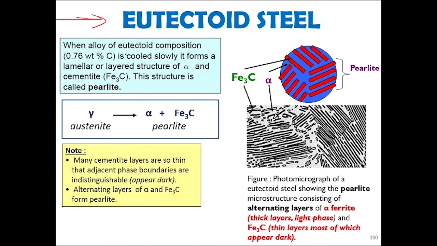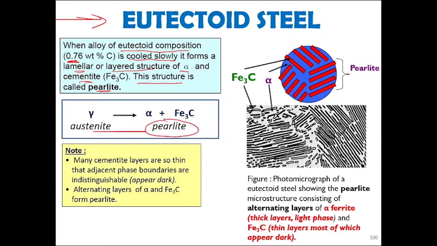When an alloy of eutectoid composition at 0.76 weight percent of carbon in iron is cooled slowly, it forms a lamella or layered structure of alpha ferrite and cementite. This structure is called pearlite. Please remember, ferrite plus cementite, we call it pearlite.